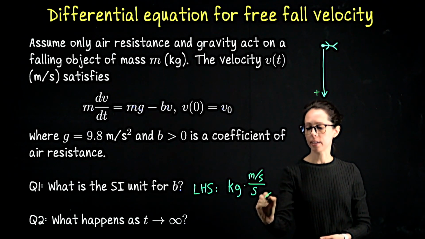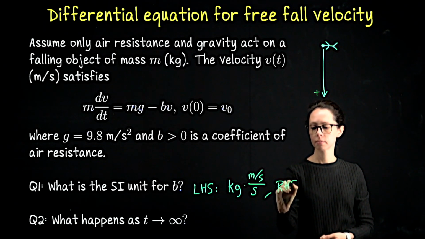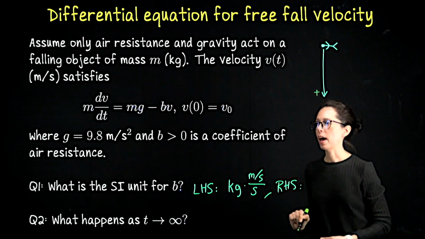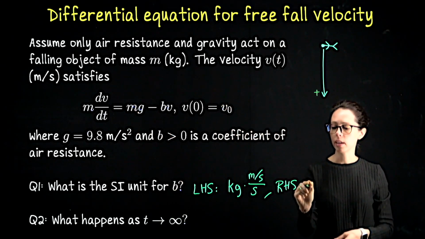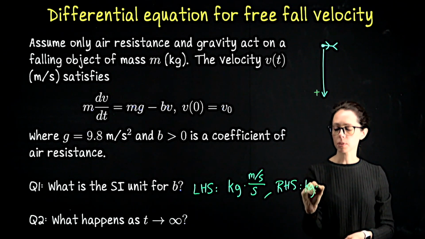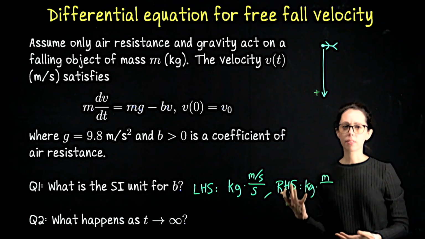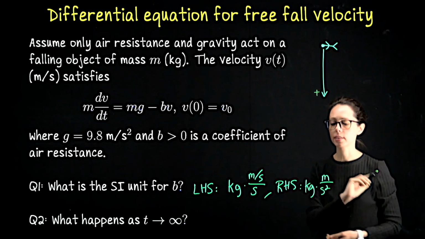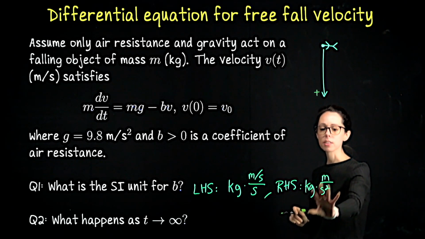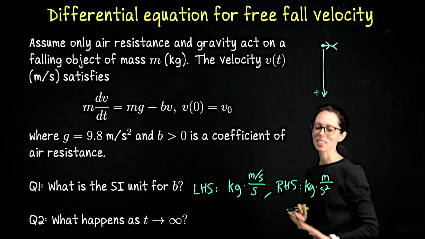On the right-hand side, we have mass times gravity. It's very similar to this one. We have mass times gravity. The force downwards due to gravity is like an acceleration, so it's meters per second squared. You're accelerating downwards due to gravity. So here's the first unit. Okay, those two match. That's good.